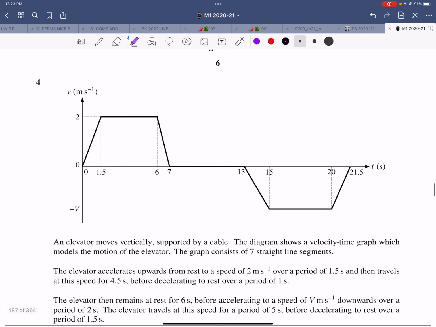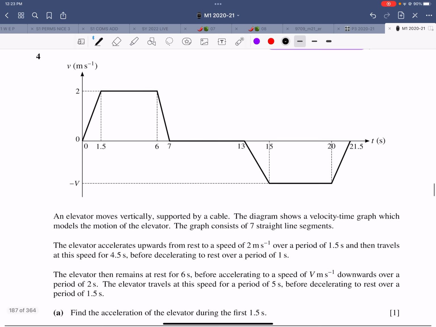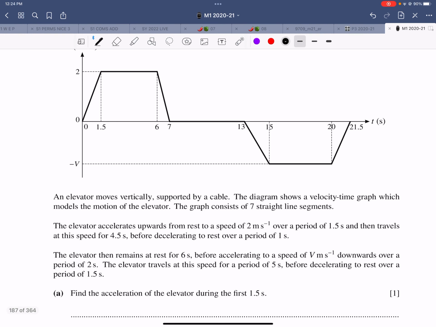Question number 4, we can see for ourselves that this is a scenario of kinematics, and it's kinematics with constant acceleration because it is a straight line graph. An elevator moves vertically supported by a cable. The diagram shows a v-t graph. The graph consists of 7 straight line segments: 1, 2, 3, 4, 5, 6, 7.